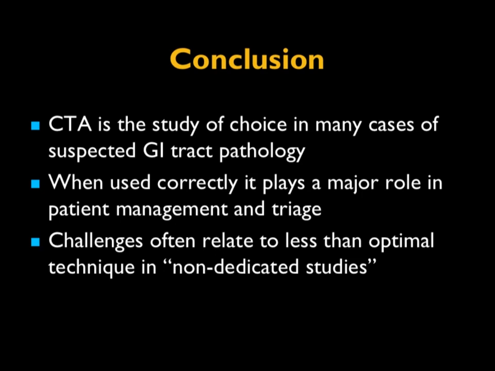CT angiography plays a major role, whether it's going to be in vascular, like SMA syndrome or ischemia, whether it's going to be for GI bleeding, whether it's going to be for tumor detection. All of these become very important. Patient triage and management is very important. And again, the quality of the studies, thin sections, fast acquisition, good post-processing are all critical if you're going to make the process work. So with that, I think I'll stop there.